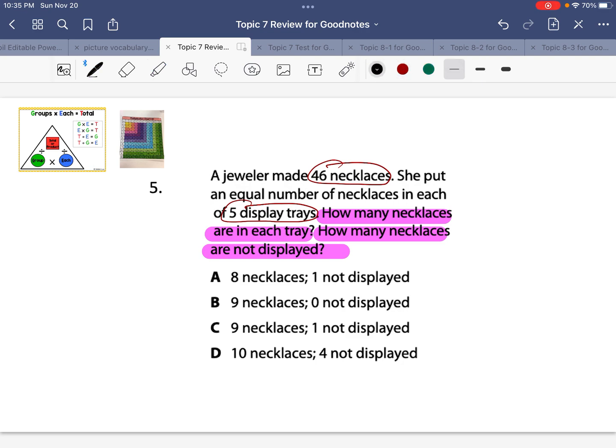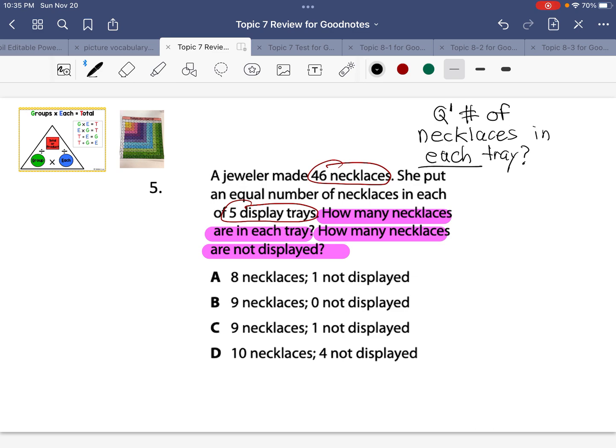Okay, so I'm going to write that down on the side. My first question is, I'm going to put question 1. Number of necklaces in each tray.